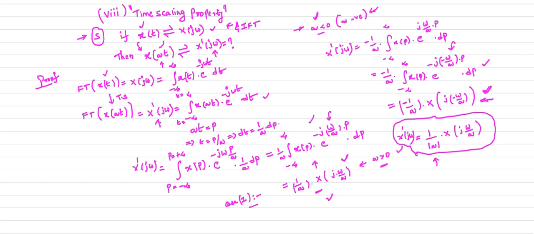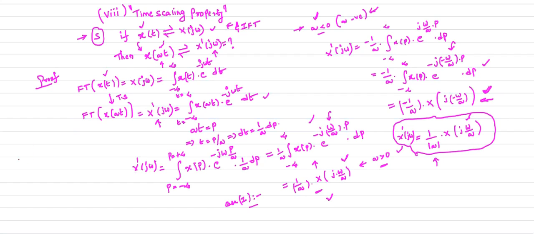Therefore, I generalize case 1 and case 2 and write the Fourier transform of x of at as 1 by mod a X of j omega by a. Here mod a is plus or minus a. If you take plus a, you get X of j omega by a. If you take minus a, you get X of minus j omega by a. So that is the generalized formula.